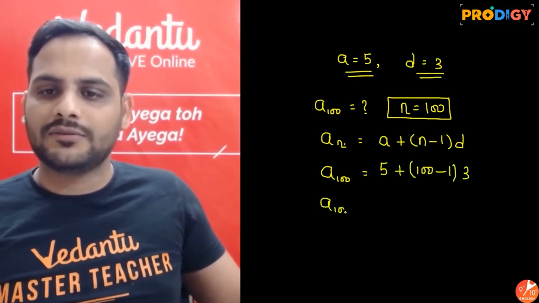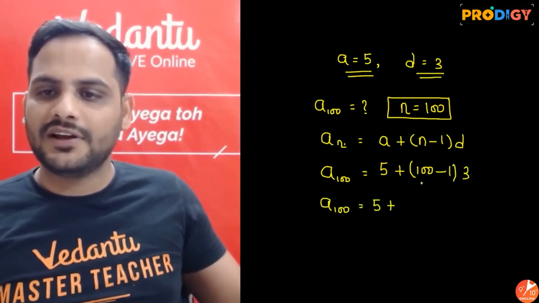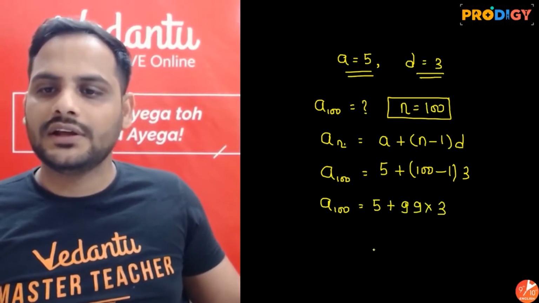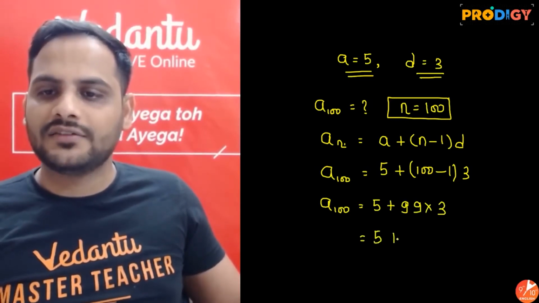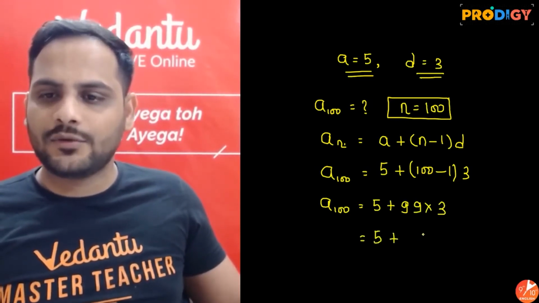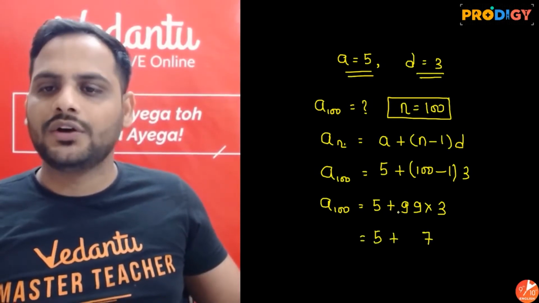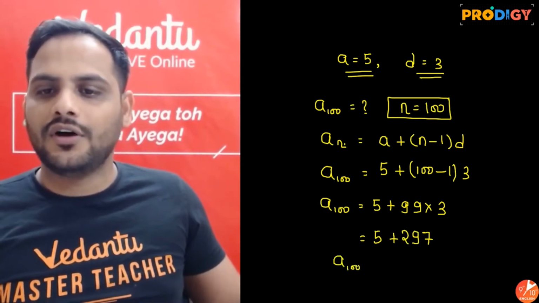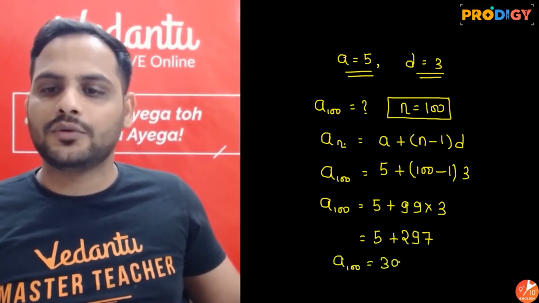So the 100th term of this AP will be 5 plus 99 into 3. 99 threes are 297, and 5 plus 297 is 302. So the 100th term of this AP will be equal to 302.